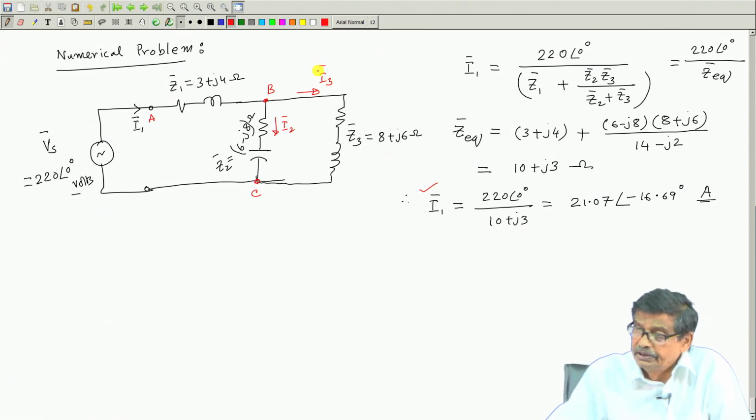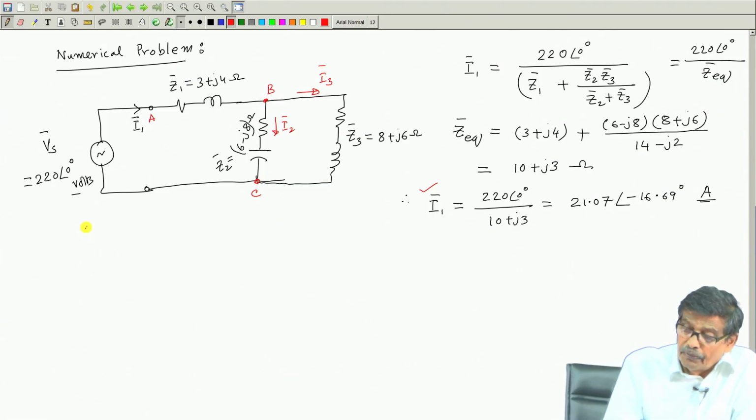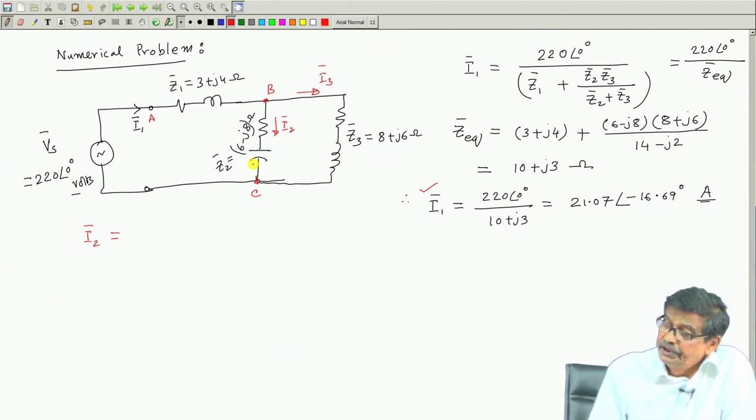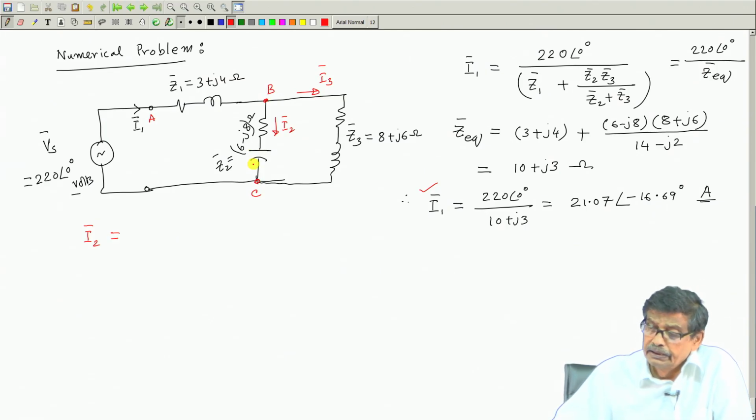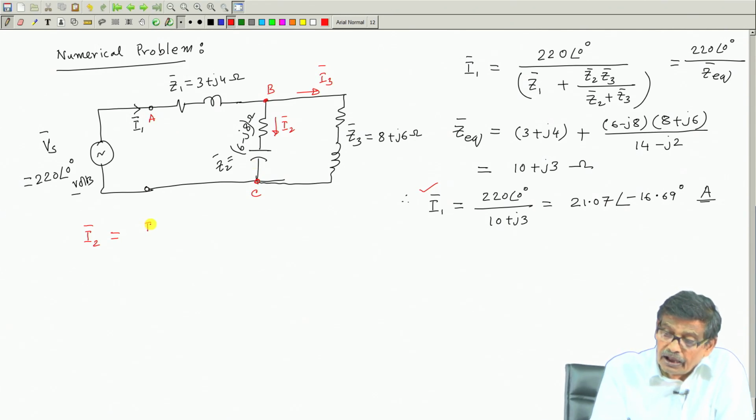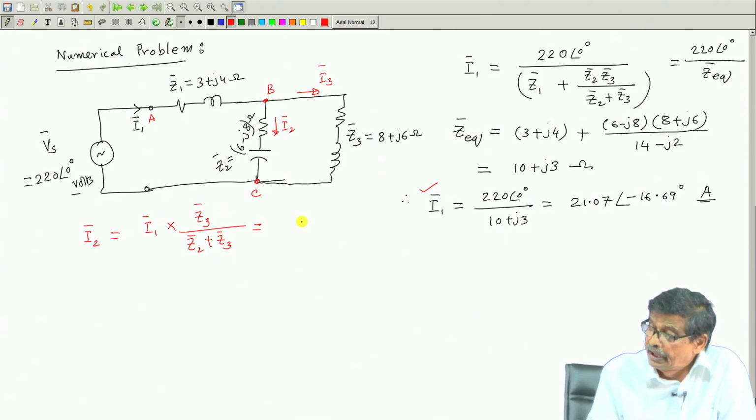So, I 1 bar will be this, then for I 2 bar, the current drawn by Z 2, you can apply the current division rule in a parallel circuit. It should be equal to I 1 bar into the other impedance Z 3 bar divided by Z 2 plus Z 3, and put these numbers. I 1 is known.